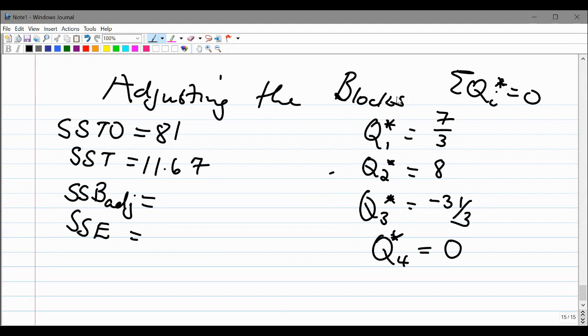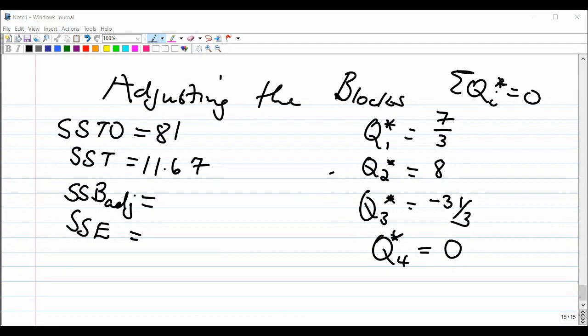Is anyone not agreeing with the values? Are you agreeing with the values or you disagree? They are correct. So it means the sum of Qi star is equal to 0, right?